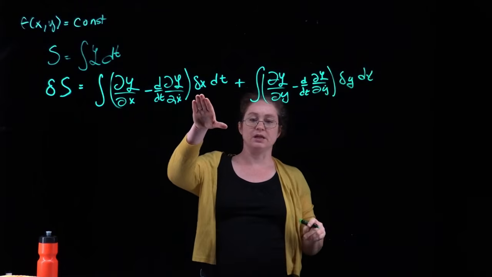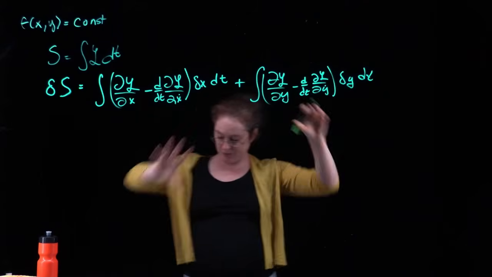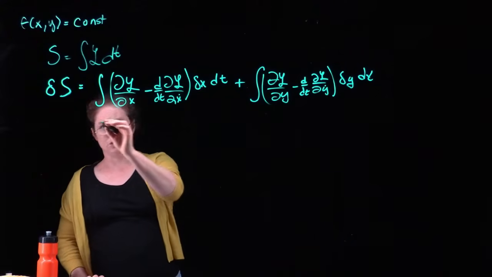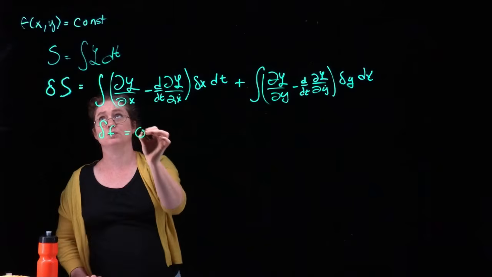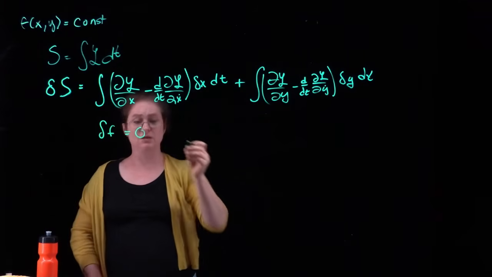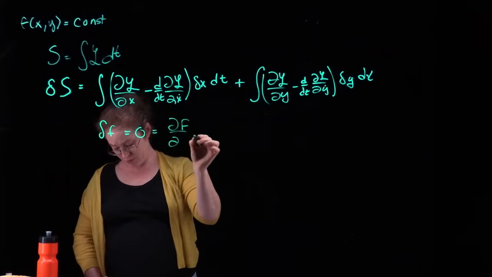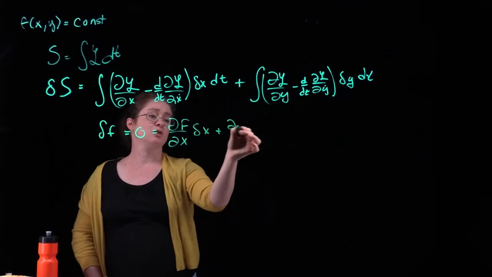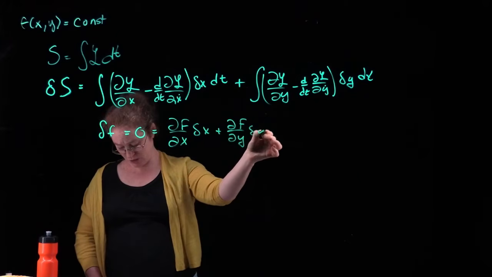Now what's different here is that these are not 0, these are coupled together. So we will choose small change in f has to equal 0 because this is a constant, and that is partial f partial x times a small change in x plus partial f partial y times a small change in y.